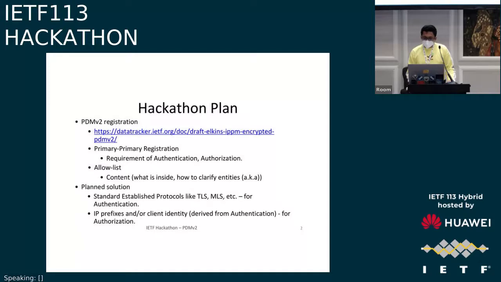The planned solutions: of course, we need authentication to share this information. So we rely on standard established protocols, TLS and MLS, for authentication. And then we have an allow list, which can have IP prefixes or client identities derived from authentication.